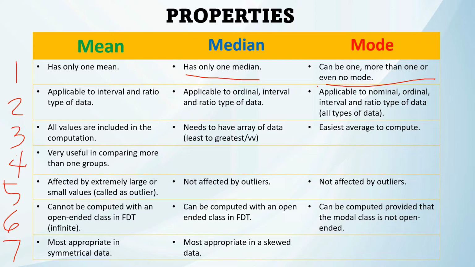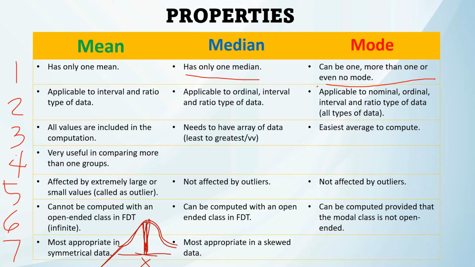When we say normally distributed, we can draw a curve like this. So this is a normal distribution of data because the mean is at the middle.